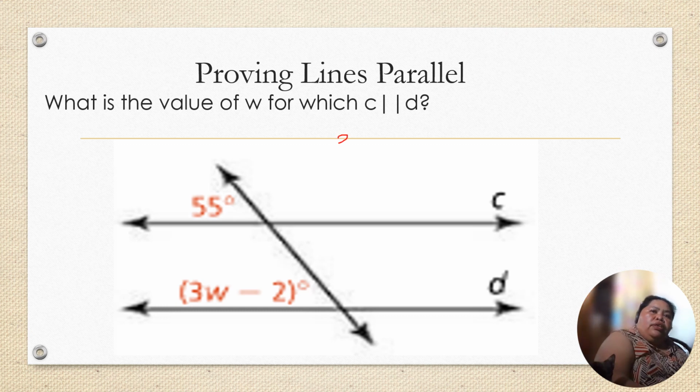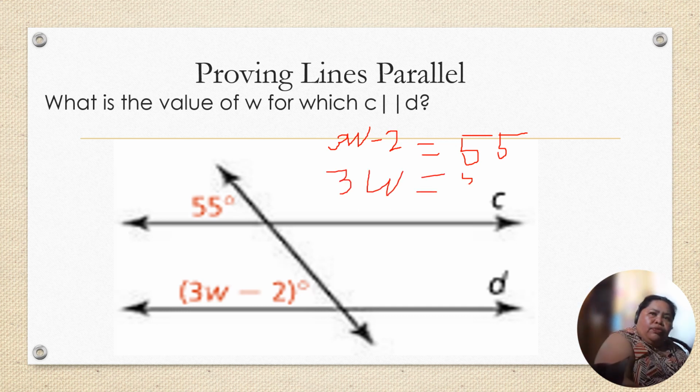So that is 3w minus 2 equals 55. Okay, so 3w equals 55 plus 2, which is 57, no?